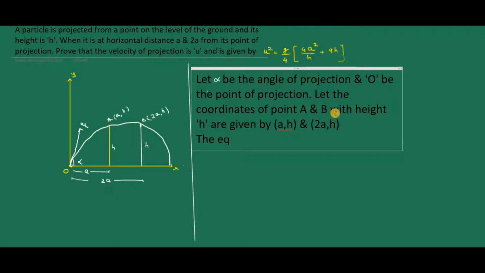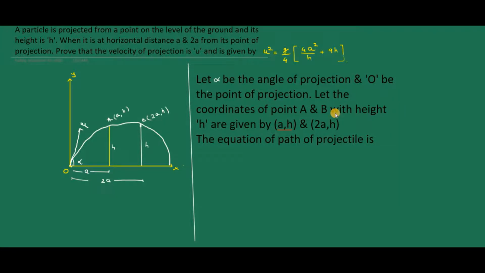Therefore the equation of path of projectile is y is equal to x into tan alpha minus g x square divided by 2u square cos square alpha, and say this is equation number 1.